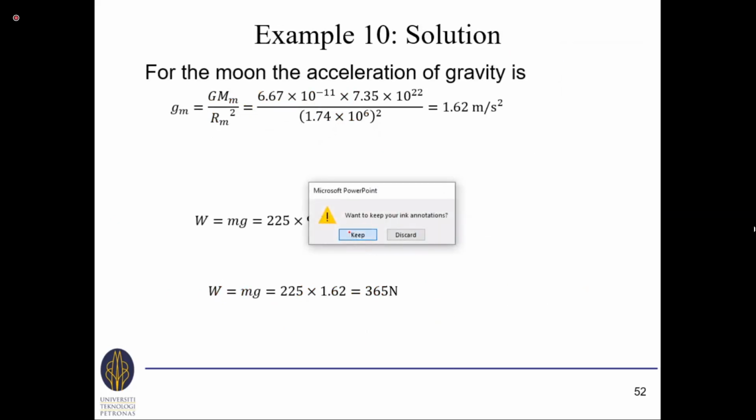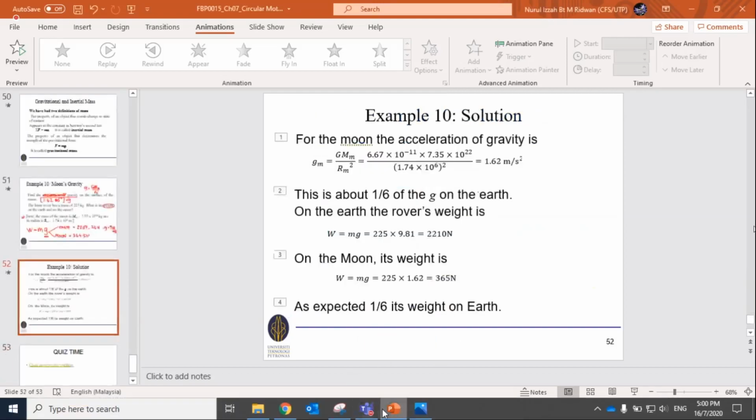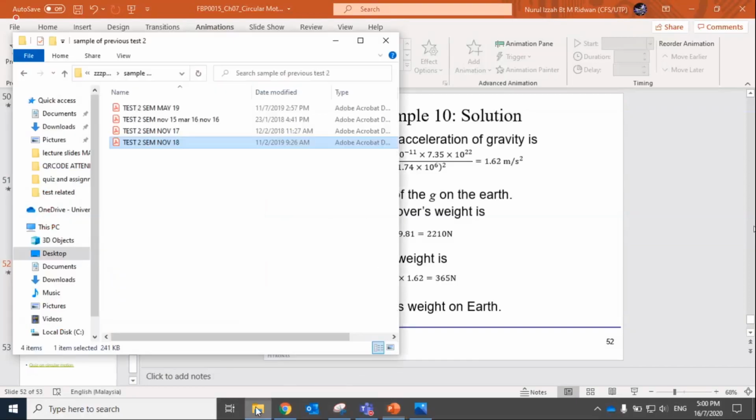Wait, Miss, is that a question? No, I haven't given the question yet. Wait, so what you're saying is that now that we have this question, we can leak it to the other engineering groups? No, you cannot do that. You're telling us not to do it, but technically we can. Technically, yes, but they will have the same session with me. So why would you do that?